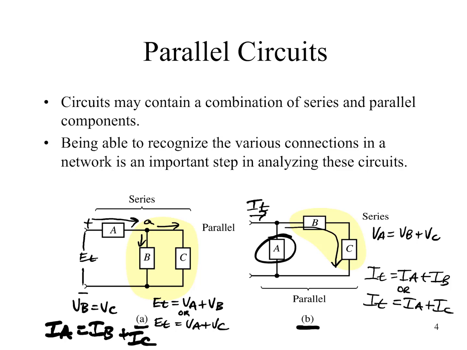And that, of course, is based on what we know about series, where the current is the same in a series connection. So that means this comes from IB equaling IC of that series connection. So that's a little bit of a look forward as to how we apply these principles and rules for both series and parallel to combination circuits.